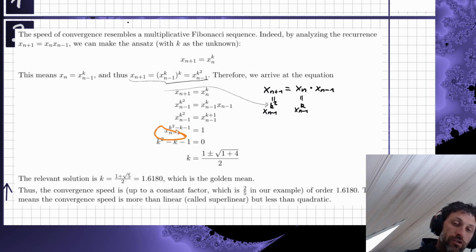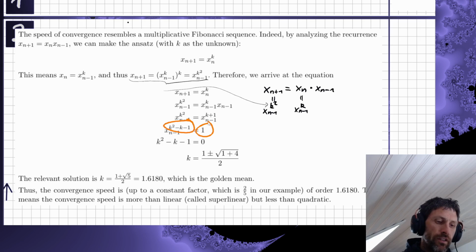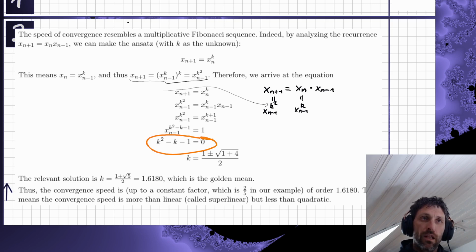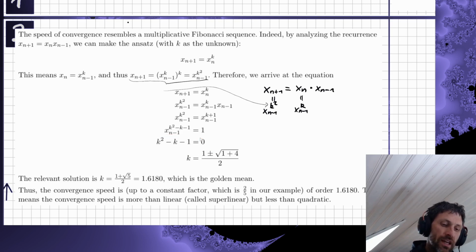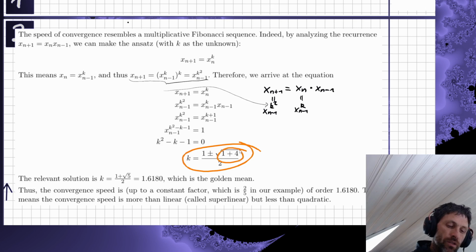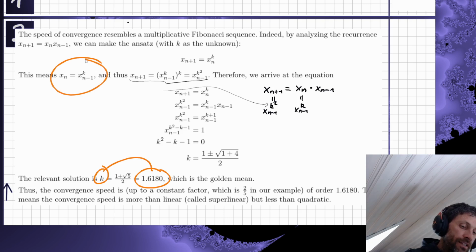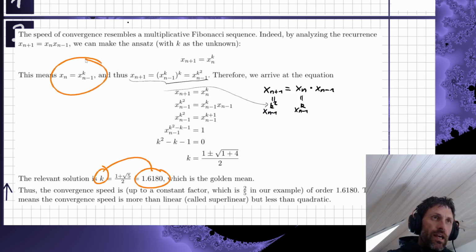Some number to the power of something is 1 if and only if this is 0. So we come to that equation, and now we can apply the ABC formula to get this one, and this one is square root 5. And square root 5 plus 1 divided by 2 is 1.6180.